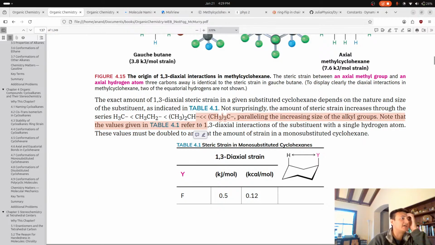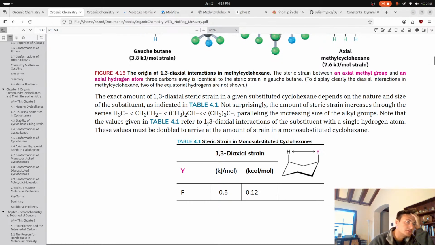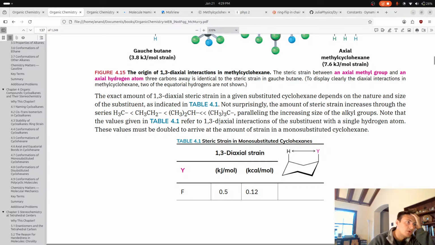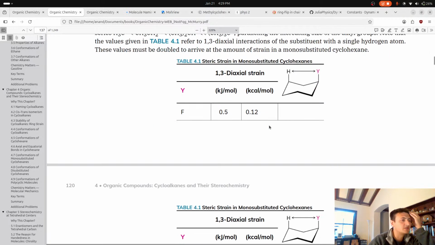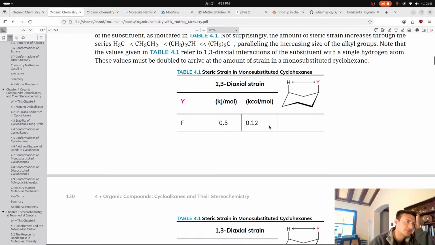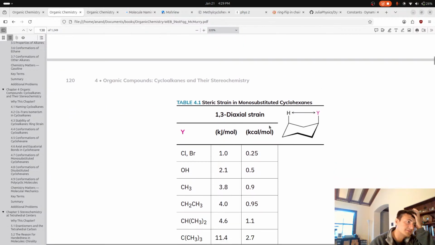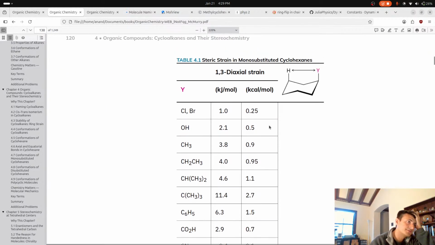Note that the values given in table 4.1 refer to 1,3-diaxial interactions of the substituent with a single hydrogen atom, so the amount is doubled. Okay. So fluorine is pretty low. Fluorine's pretty small.